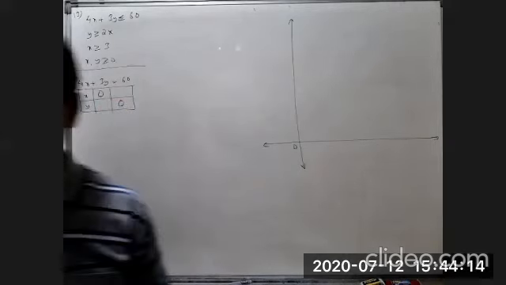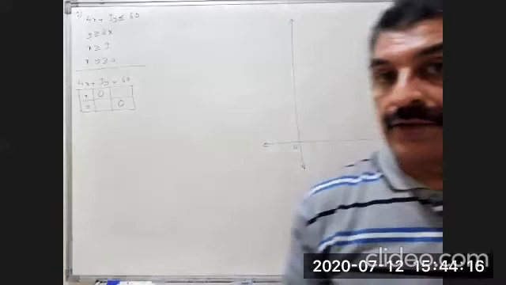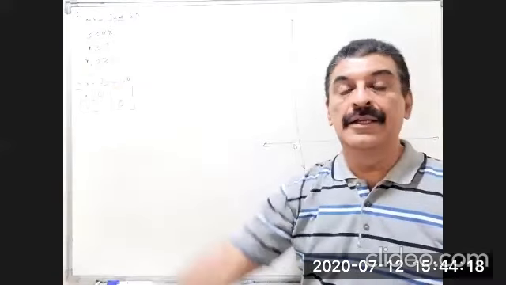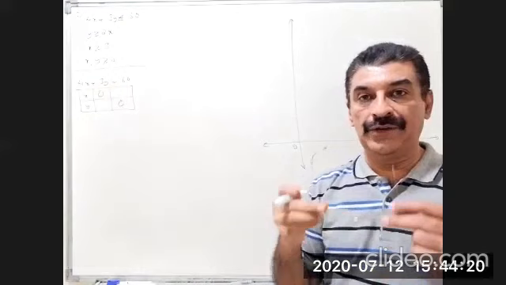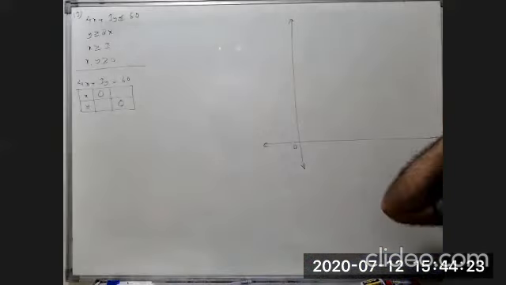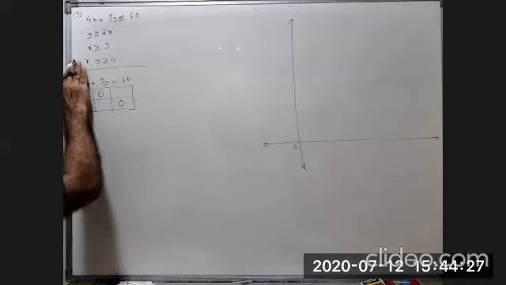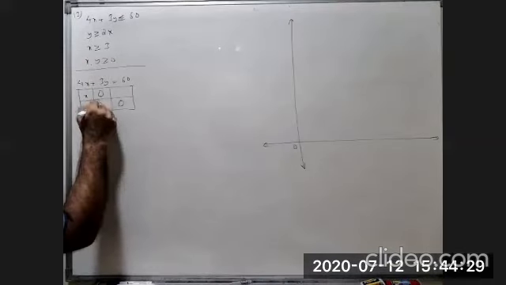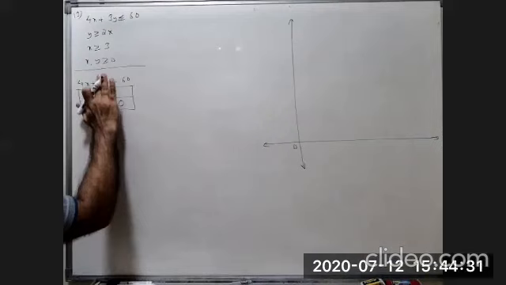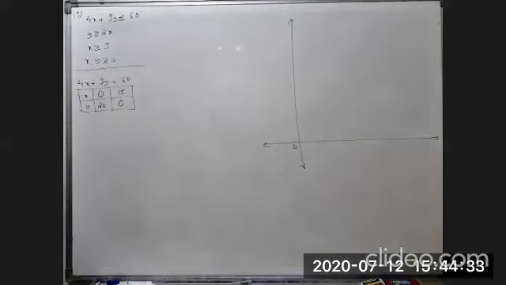If x is 0, 3y is 60, so y is 20. If y is 0, x is 15. So 20 and 15.